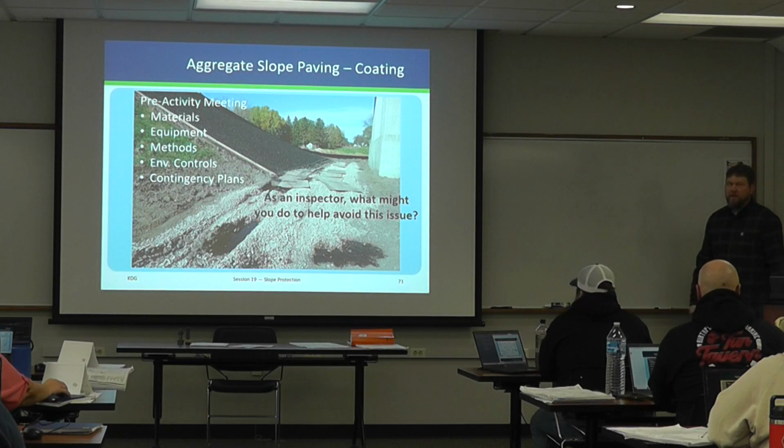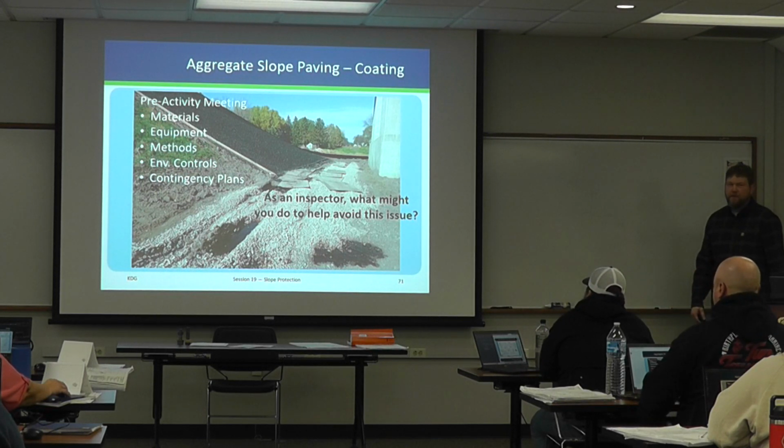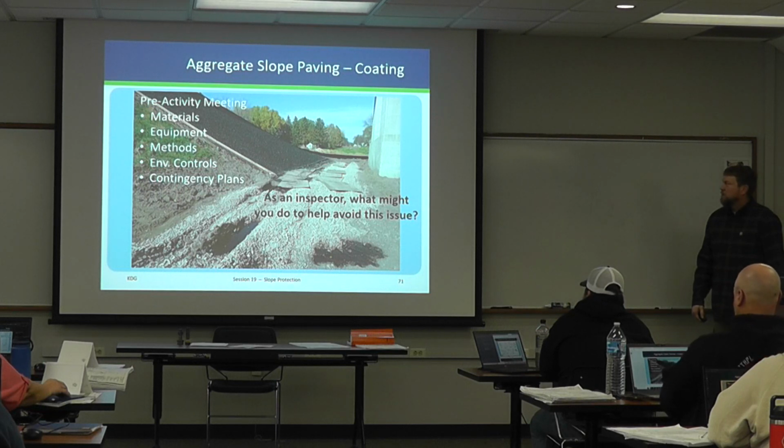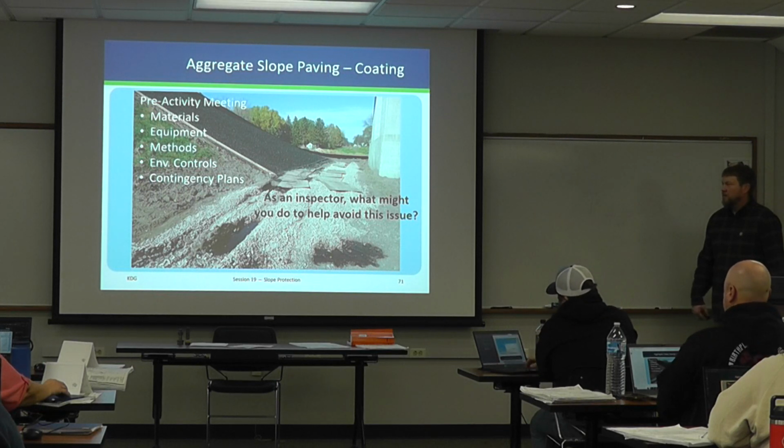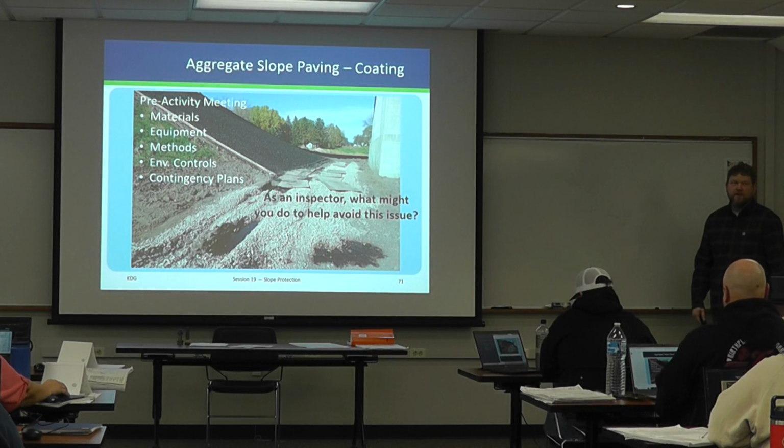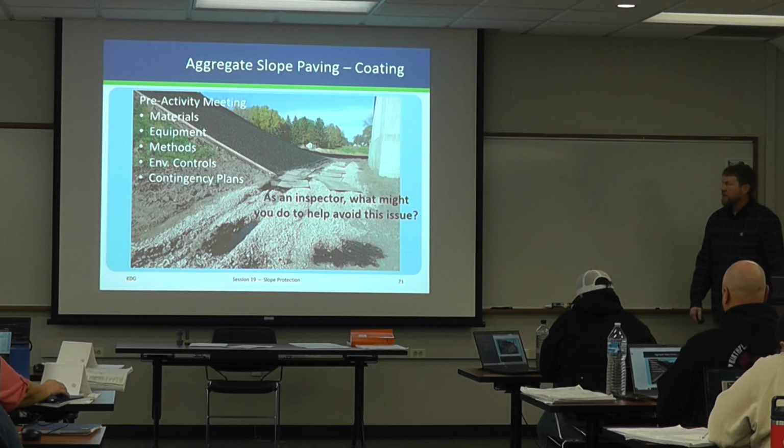How about contingency plans? If something does happen, what are we doing? Pre-activity meetings are a really, really good tool to use as an inspector. Anytime you can have a conversation with a contractor and talk through things ahead of time, everyone knows where everyone's at. You can state what you're looking for, understand how they're going to do things, ask questions, and maybe head things off at the pass so that we're not trying to clean this up.